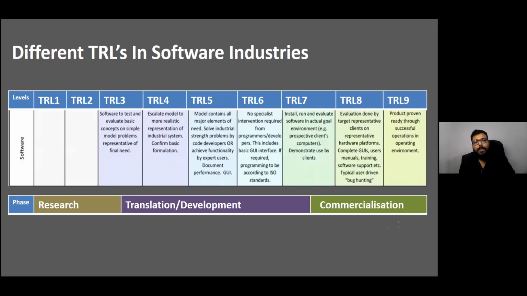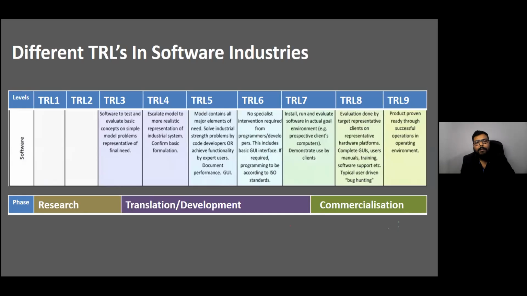Now TRL 3: software to test and evaluate the basic concept on a simple model problem, respective of the final need. As I told you already, innovation is based on need. You can check whatever the need is in society, and based on that you can develop some application or manufacture some product.